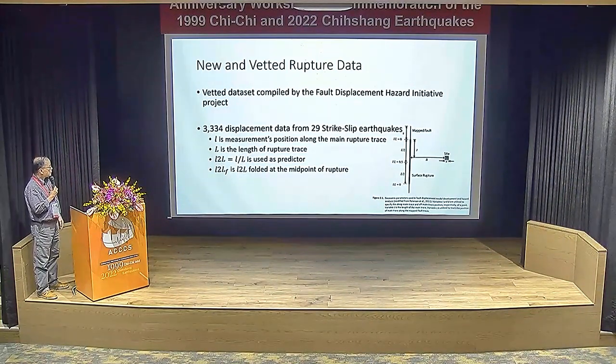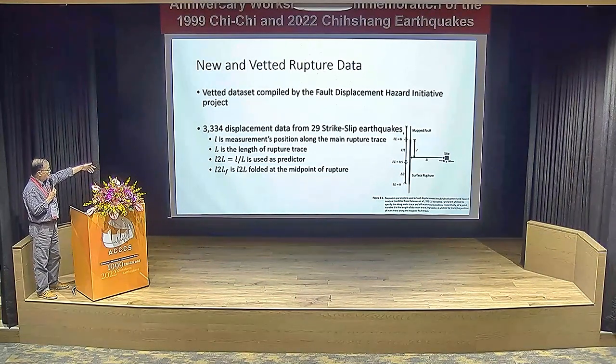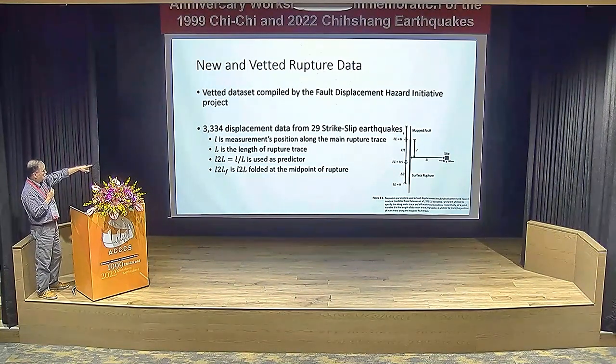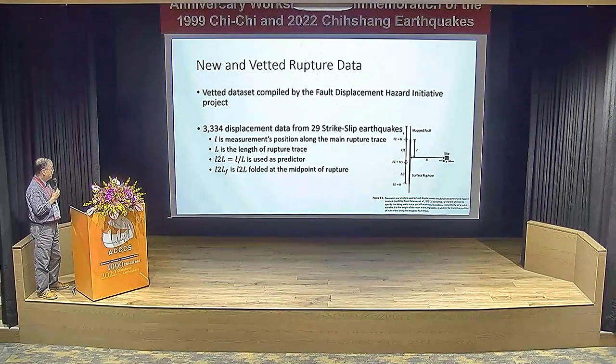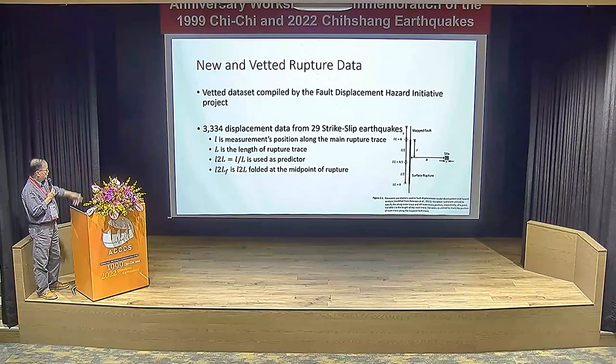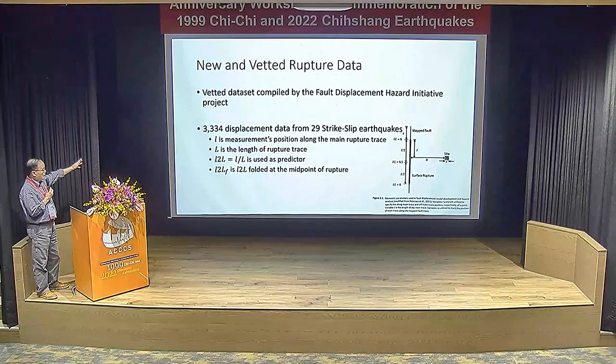Here I'm trying to show you one of the main predictors of displacement, that is the position of a measurement along the main rupture trace. We call it little L, and the big L is the length of the rupture trace. For fault displacement hazard, we don't use little L directly.